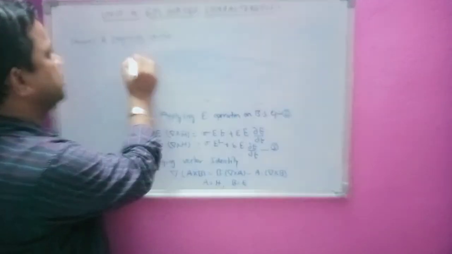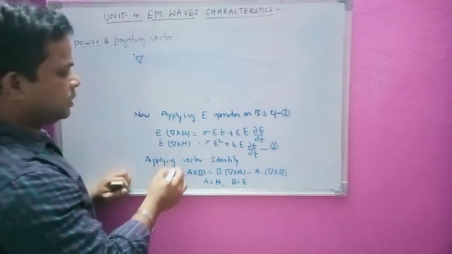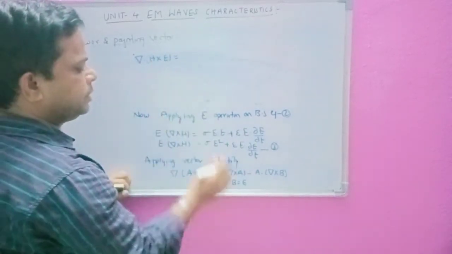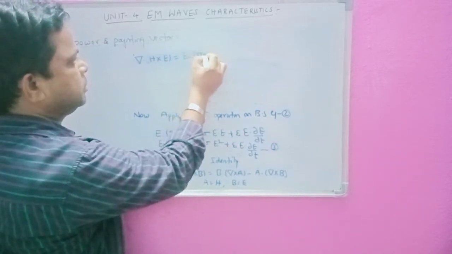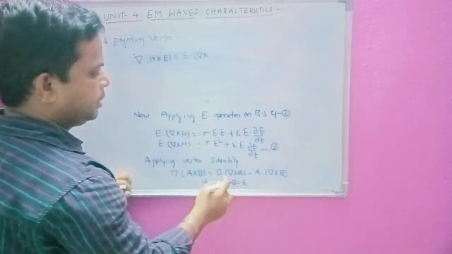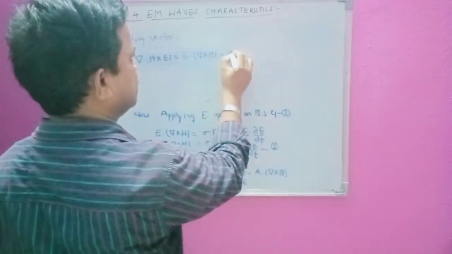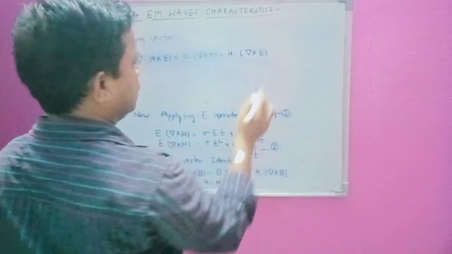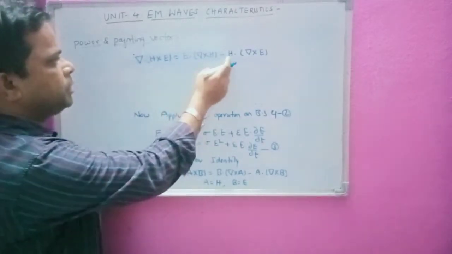Del dot H cross E is equal to, B means E, E dot del cross H minus, A means H, H dot del cross E. Now our equation 3 is in the form E dot del cross H, so I have to take this to the right hand side.